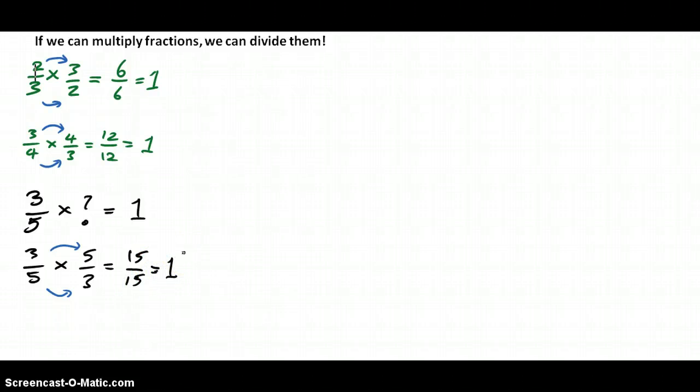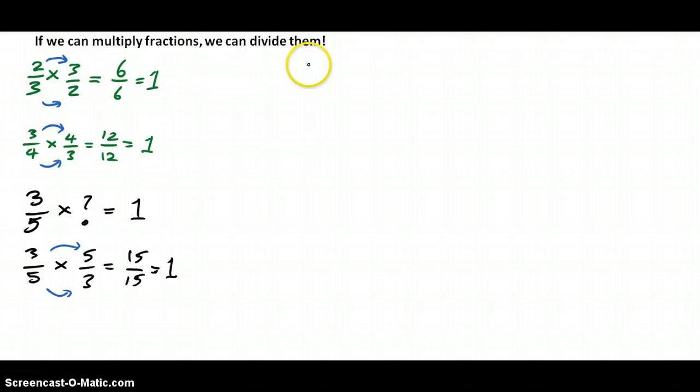Now we're going to use this trick, if you like, this tip, this idea, this skill of multiplying by this upside down fraction. Let's have a look at some division, and I'm going to take it through bit by bit.